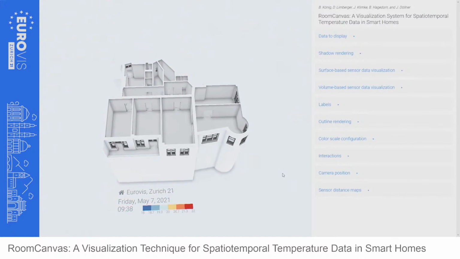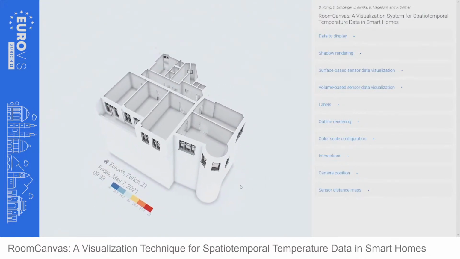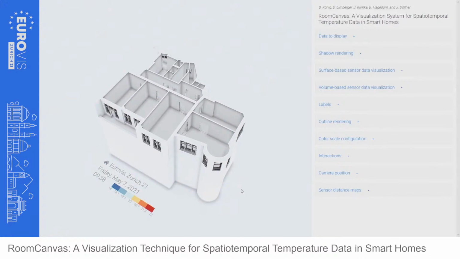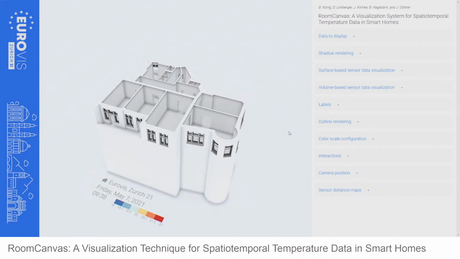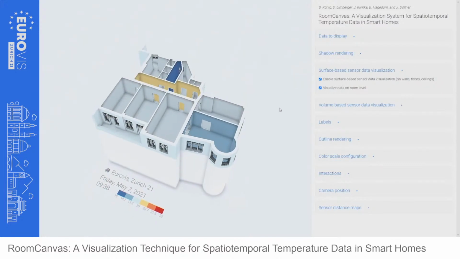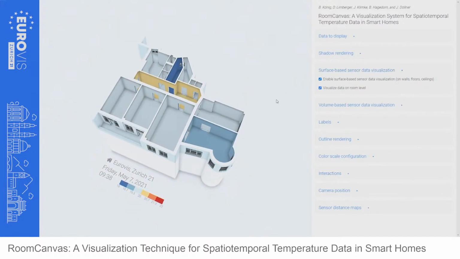When users open the visualization, they are presented with a 3D representation of their respective home or building. Right next to the building, they can see that there is some date and time selected. And if I now enable the visualization of the sensor values, I can see that by default, per-room aggregated sensor data is shown for the respective time.